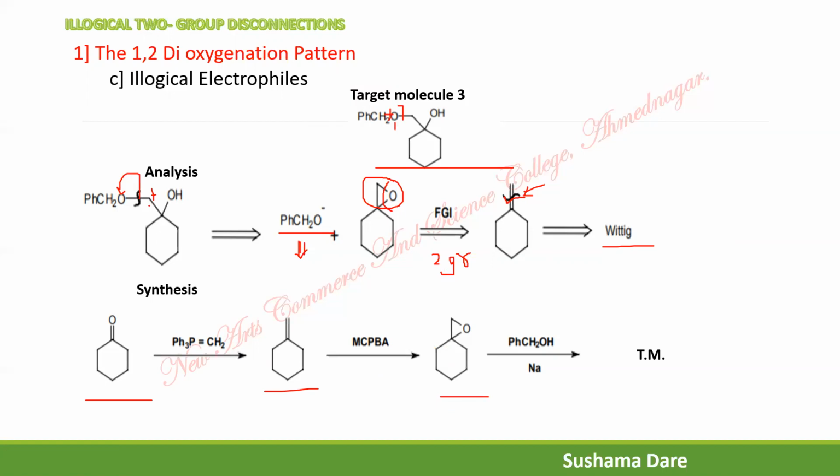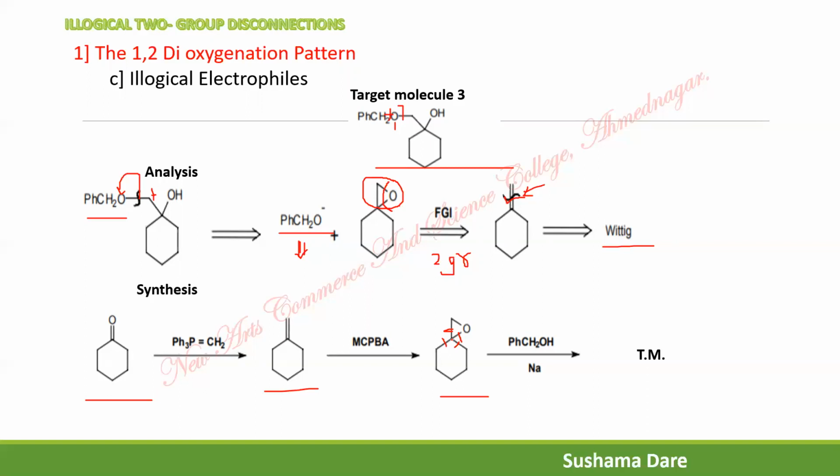Now look at here, that incoming group, that is PhCH2O minus, approaches the hindered carbon or the less hindered carbon. Now look at here, there are already four bonds, that is, this is 1, 2, 3 and 4. So this carbon is already a tetra substituted carbon.